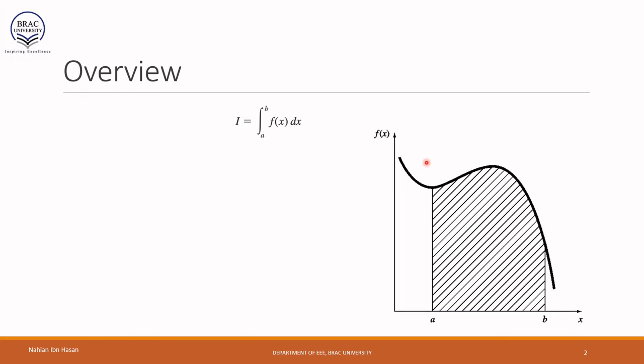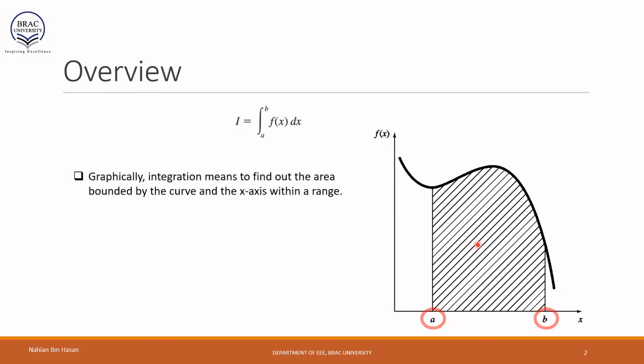We have drawn the function within this graph. Along the x-axis we have the x variable, and along the y-axis we have the function f of x. So we have the limits: the lower limit is a and the upper limit is b, and we have to calculate the area. If we calculate the area under this curve within the boundaries a and b, then this denotes the integration of the function.